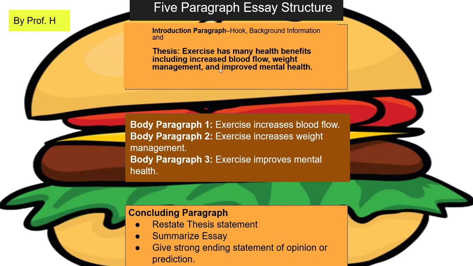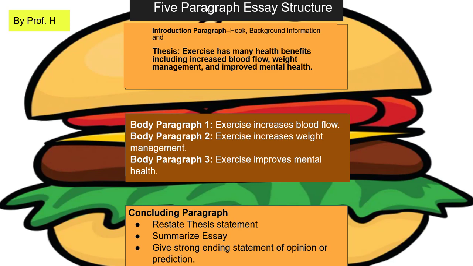Then you have exercise improves weight management, and then exercise improves mental health. These are all the topic sentences, and so you have a thesis statement with matching topic sentences. When you have a thesis statement with matching topic sentences, this is called the 5-paragraph essay structure.